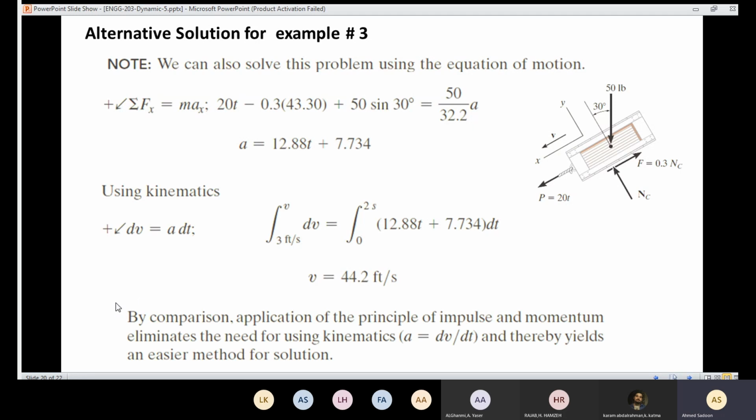So by comparison between this method and that method, application of the principle of impulse and momentum eliminates the need for using kinematics. So I don't need to use this here, and thereby it yields an easier method for solution. So you could use the equation of motion, but we need to use the kinematics. But if you use the principle of impulse and momentum, you are going to have only one solution for that.